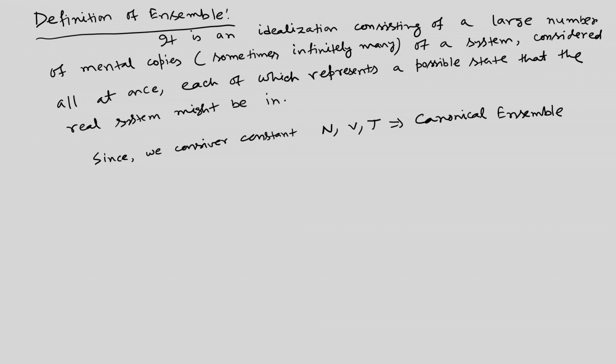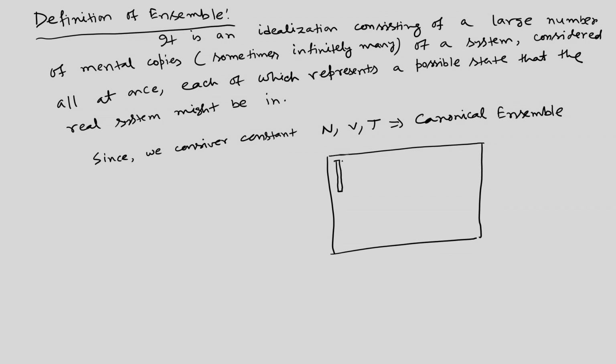So, now if we represent an ensemble pictorially, we get it like this. These are the mental copies of our system, and they all have constant N, V, T.